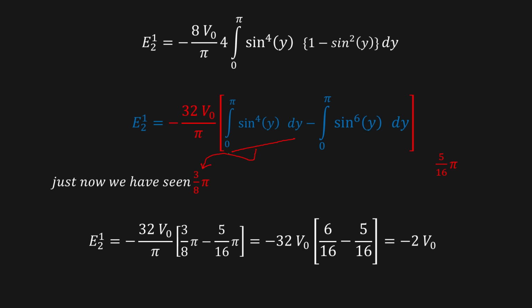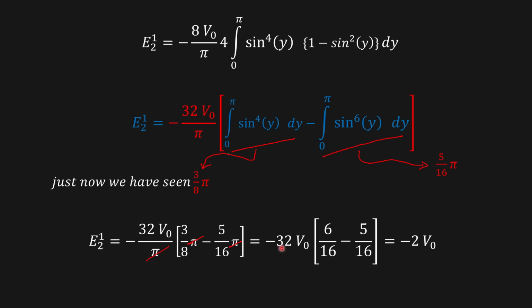And similarly, by repeated substitution, you will get the second integral as 5 over 16 pi. So if you replace the first integral with 3 over 8 pi and the second integral with 5 over 16 pi, you can cancel this pi and this pi. Everywhere you have pi.